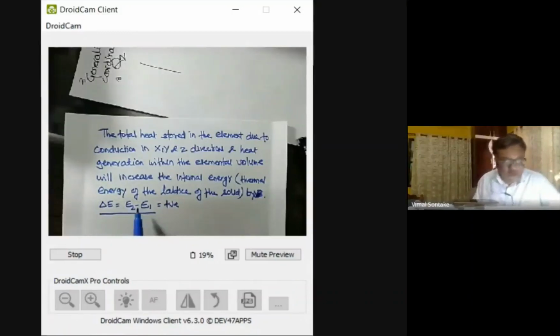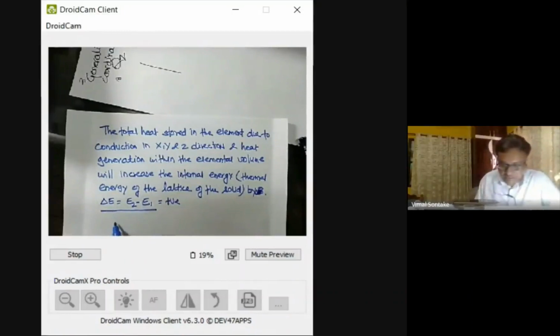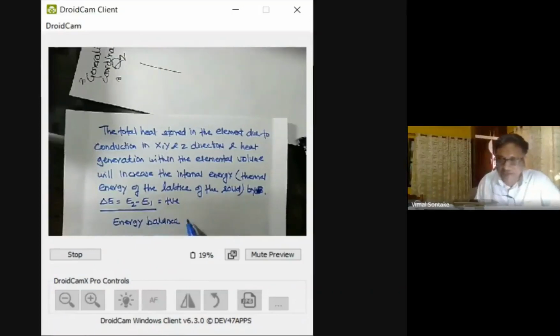Okay, so I can also say from energy balance. Energy balance means I am taking this elemental volume as a control volume. So I can apply here first law for closed system.